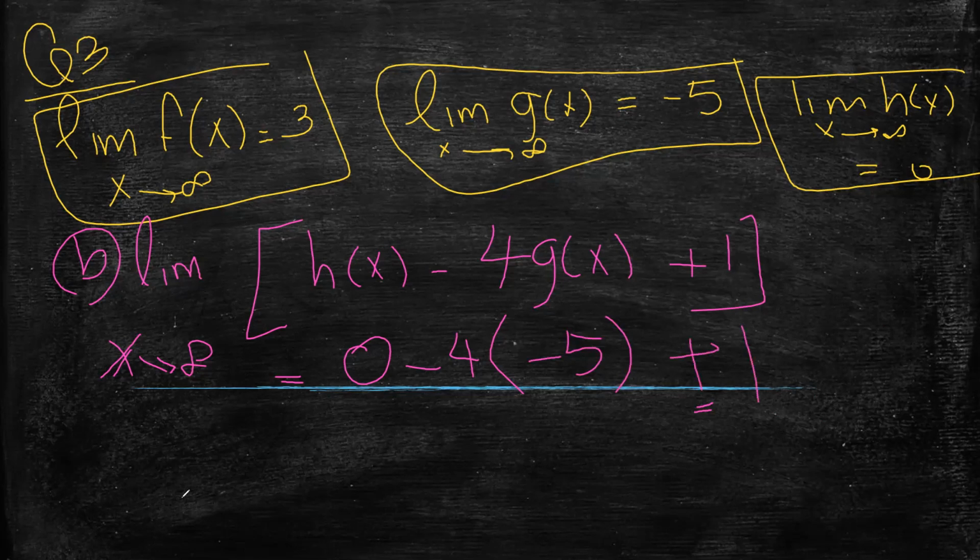Negative 4 times negative 5. It will altogether equal 21. Thank you. The final answer is 21.